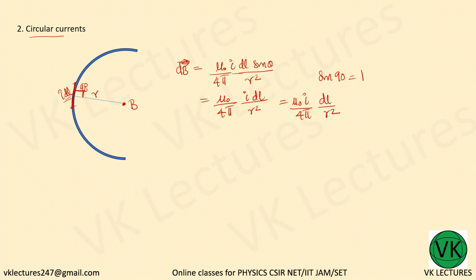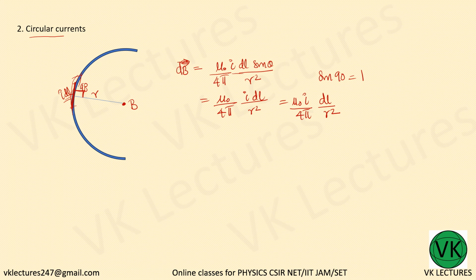Here, this dl is the length element corresponding to a current passing through an angle d phi at the center. If the current passes through this direction with an angle d phi at the center, the corresponding length is represented as dl.